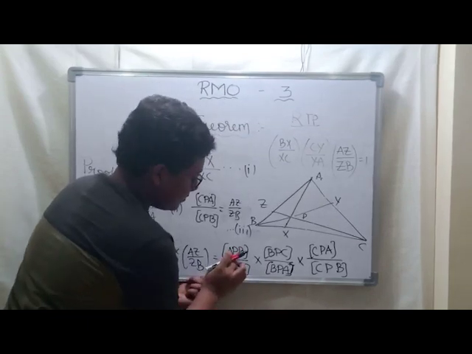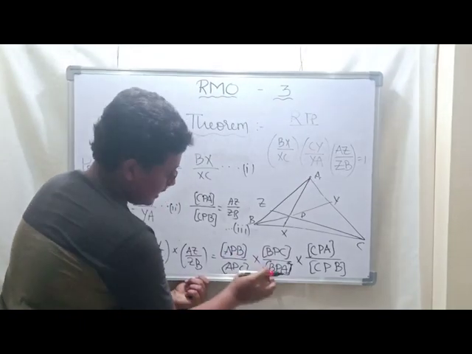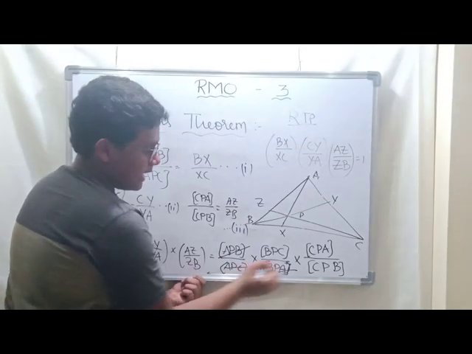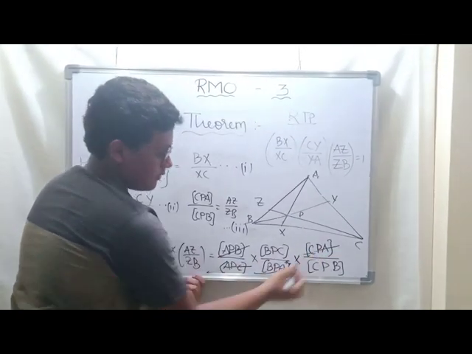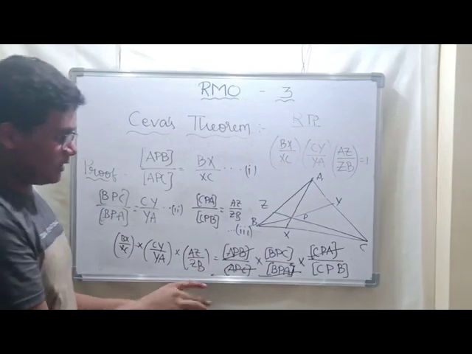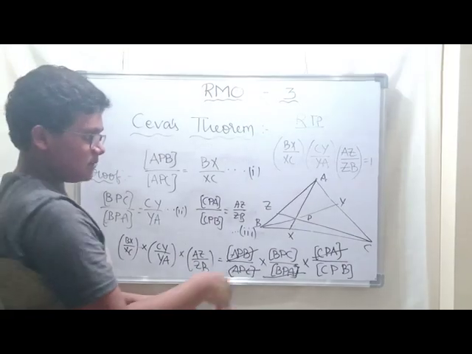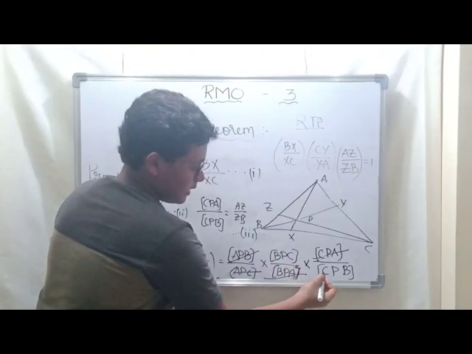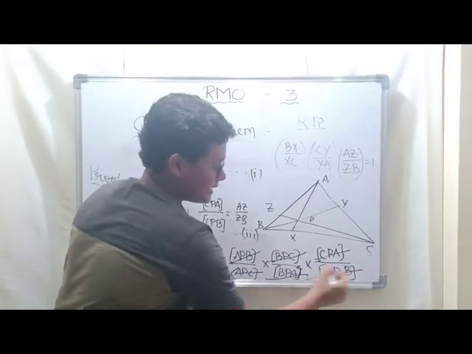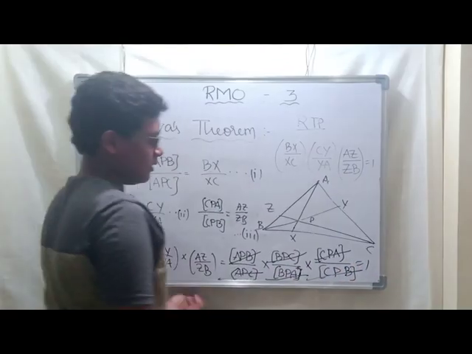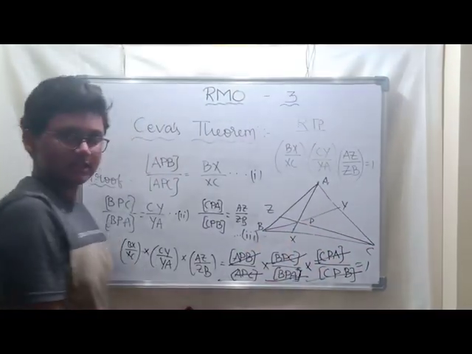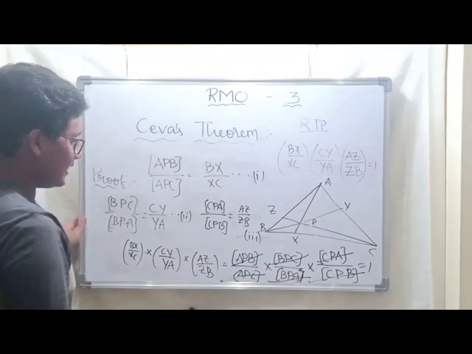Now APB and BPA, see, APB and APB will get cancelled, and APC and this APC will get cancelled. We just wrote that one as CPA and APC, but both those two triangles are the same. BPC and CPB are the same triangle, so those all will get cancelled.